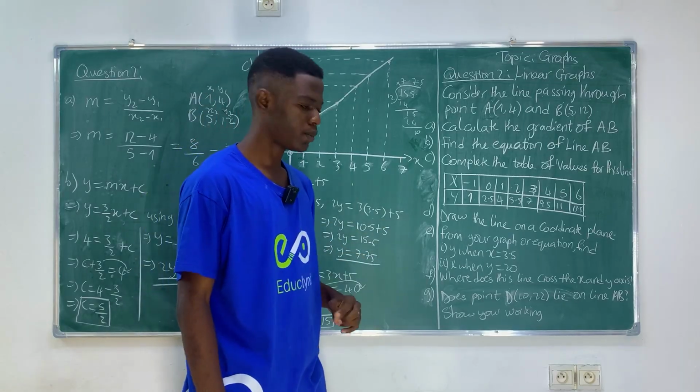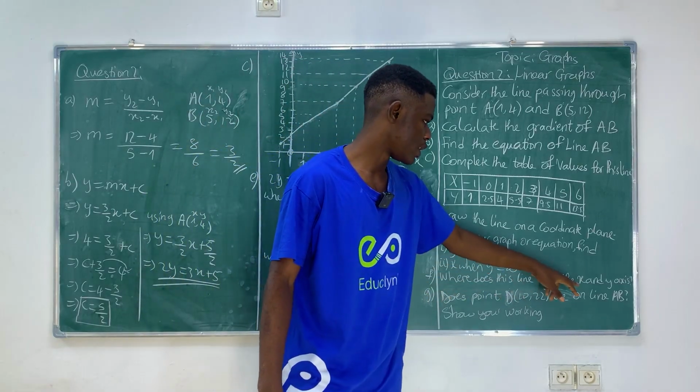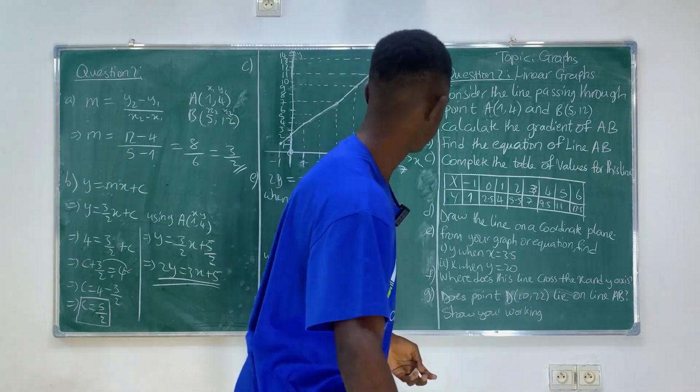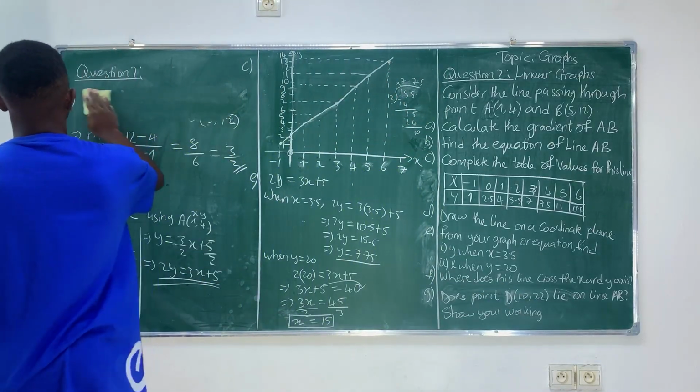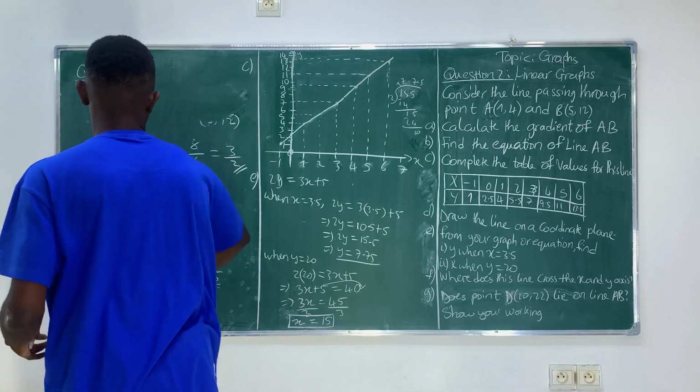What is F saying? Where does this line cross the x and y axis?